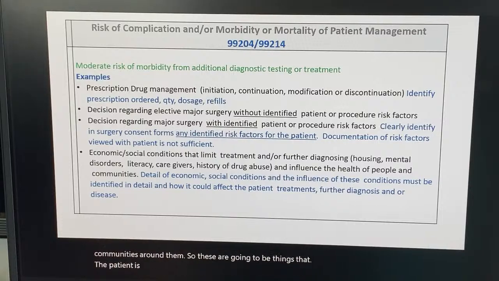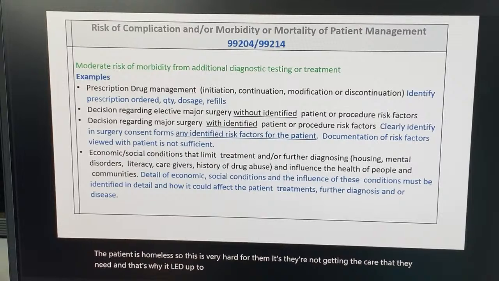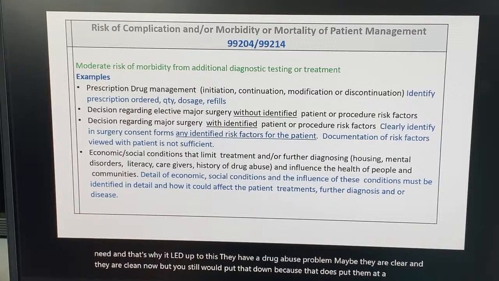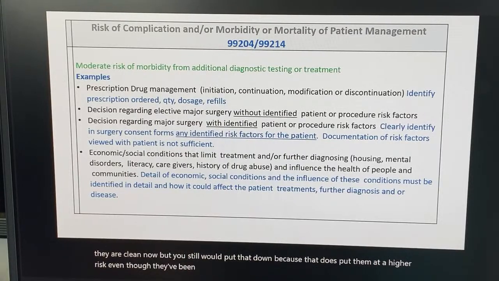This is very hard for them. They're not getting the care that they need, and that's why it led up to this. They have a drug abuse problem. Maybe they are clean now, but you still would put that down because that does put them at a higher risk, even though they've been clean for a year, that they could slip backwards. So those are all different economic types of conditions.